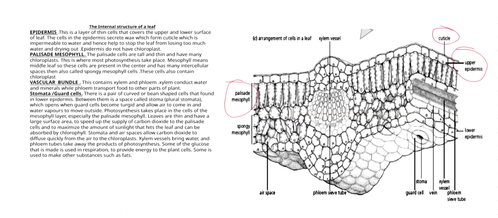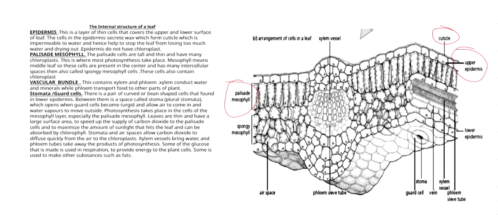What is the main adaptation of these palisade cells? These are very important cells, a very important layer of tissue. These palisade cells have maximum chloroplast. They are very tall and elongated. With maximum chloroplast, they do maximum photosynthesis. They are very close to the upper epidermis, so they absorb maximum sunlight.